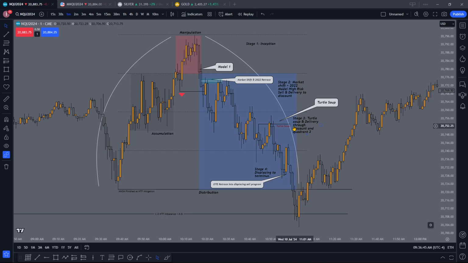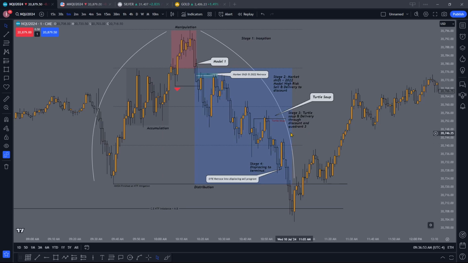Third stage, which is the turtle soup and the delivery through discount and into quadrant 3, happened here. As you can see, it's all part of the distribution range. We turtle soup this high, tap into this order block here, and then we deliver to stage 4, which is just a displacing move to terminus, which is the finish at the high time frame mitigation.